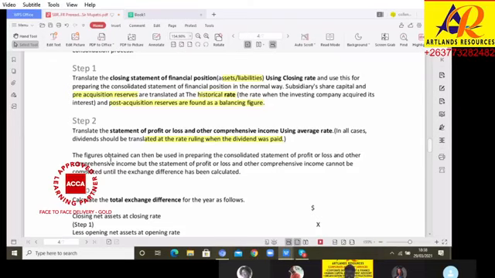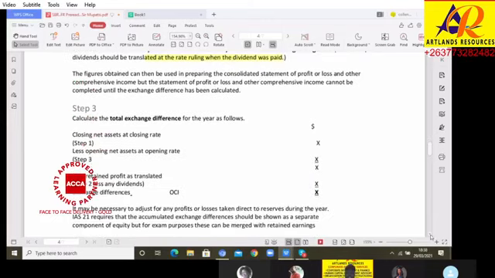Right? So after you have translated, you then have to calculate exchange gains or losses, so your statement of profit or loss will not be complete. Here we call them exchange differences, because it's either a gain or a loss. So here's how you calculate exchange gain or loss. You say closing net assets at closing rate.